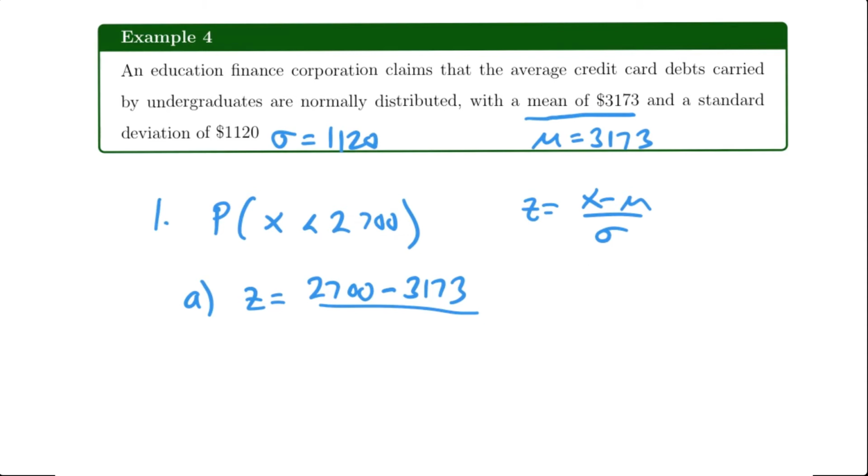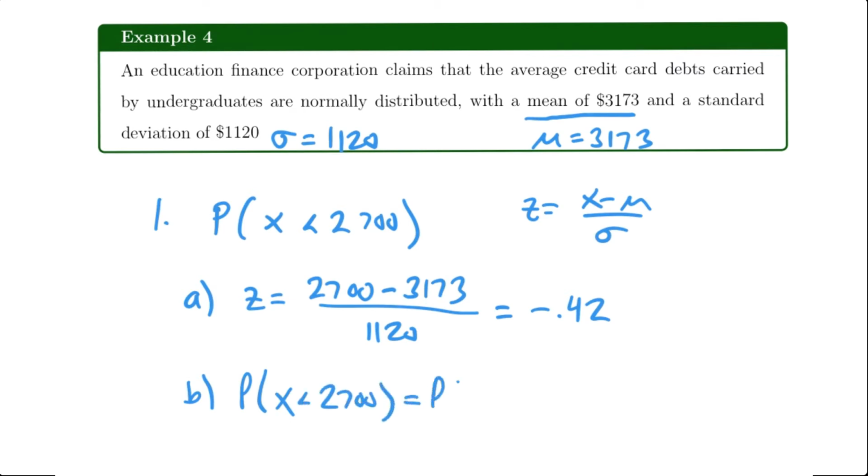So just because you have one person, that's why we get to use the single standard deviation of 1120. And that is going to equal negative 0.42. So converting this, X is less than 2,700 is now Z less than negative 0.42. And when we look this up in a table, you can see that it's 0.3372.